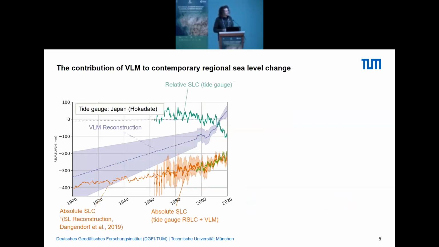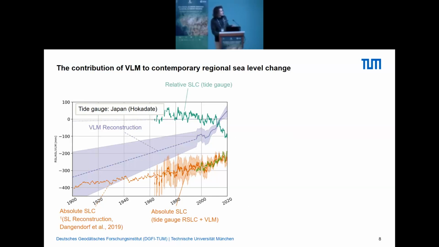So in green, I show a relative sea level change time series from a tide gauge. In blue, that's our reconstruction. So over the last 25 years, we have an estimate. So here, I plot a solid line, and then I use this linear trend estimate to extrapolate this motion into the past. You see the uncertainties are really large, but it's mainly due to the variability at that station.